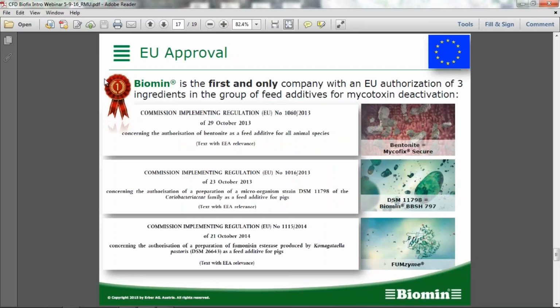Biomin is a company that's based out of Austria in Europe, and their product Mycofix, which is not available in the US or Canada, the components of Mycofix have been approved by the EU as mycotoxin deactivators. So that's the first and only company with this authorization for 3 of their different ingredients used in their Mycofix product.